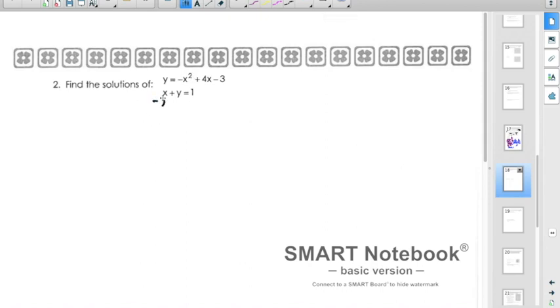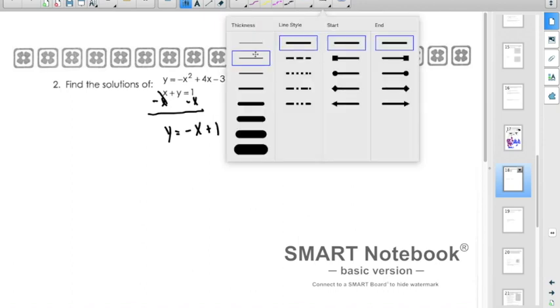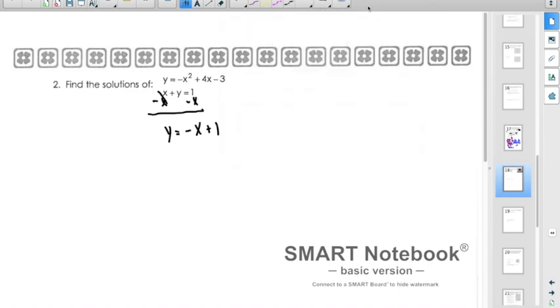So let's subtract x from both sides. So I have y equals negative x plus 1. Okay, so now when I get my linear equation into y equals form, this piece right here is going in. I'm going to substitute it in for this y value here.